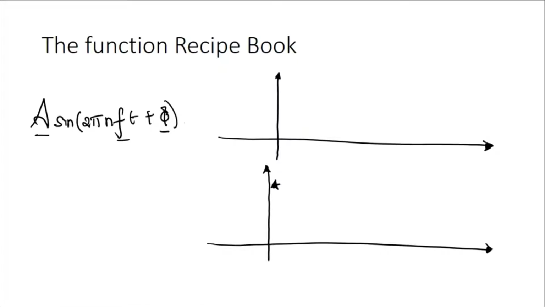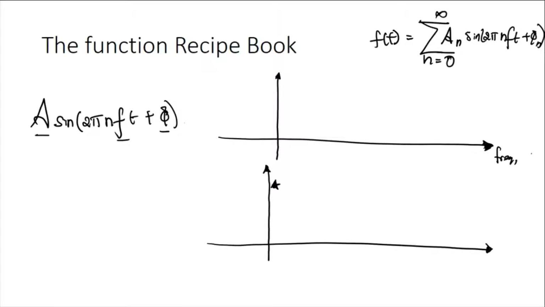So any function f of t is just made out of a bunch of these, n equals, say, 0 to infinity, A n sine of 2 pi times n times f times t plus phi n. This is what you're going to get. So this is your frequency axis f.